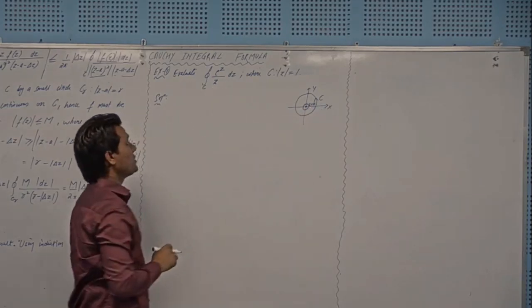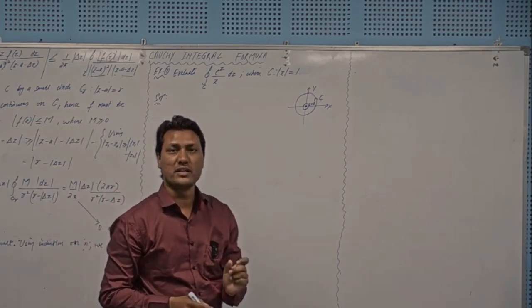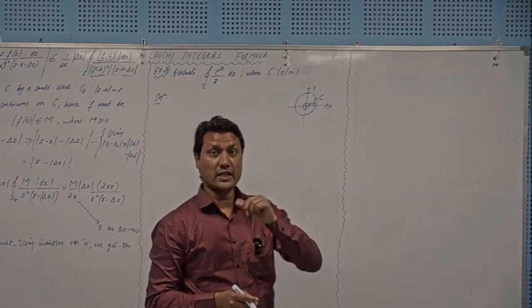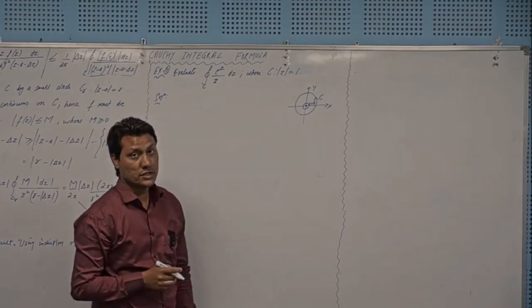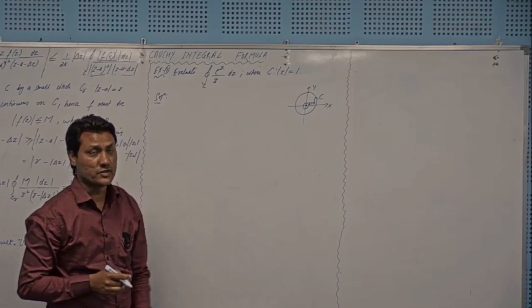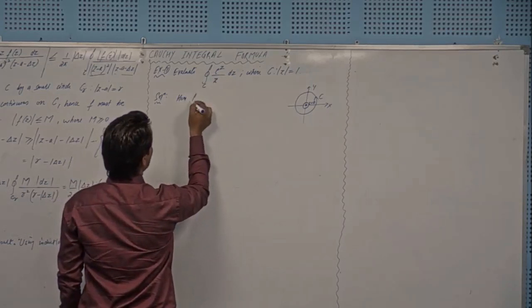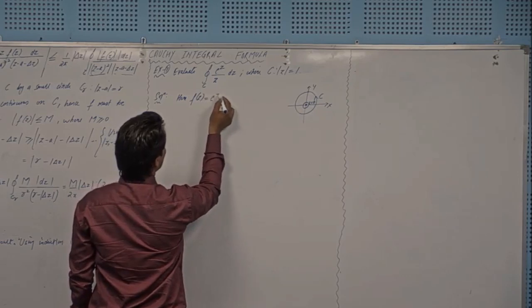So you need to write this integral in the form of integral f(z) over z minus a, where f(z) should be analytic inside that contour C. Luckily this time no modification is required. Here f(z) equal to e to the power z.